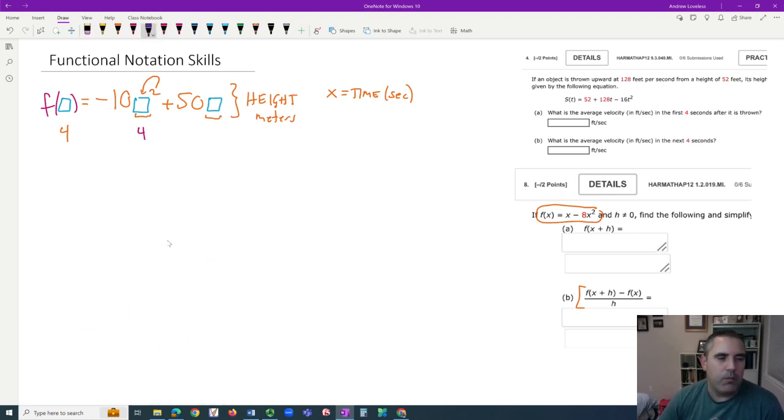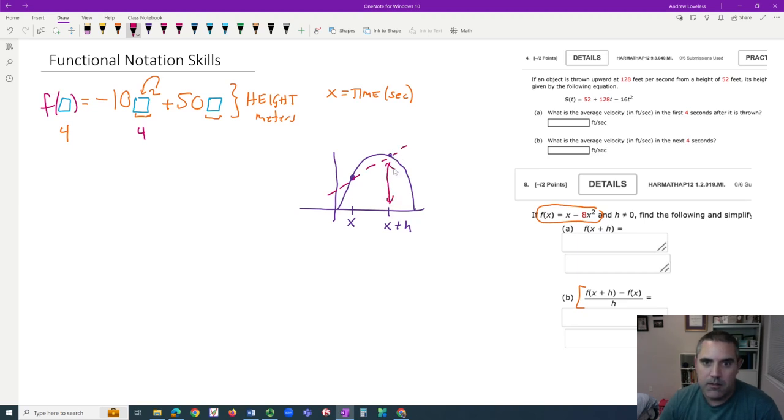Okay. So if I wanted to study slopes on this thing, typically how we use this most commonly is we have this parabola. We're going to label this x. We're going to label this x plus h. I know this is more of a discussion for class, but I'm just going to say a couple things here. The height of this is f of x plus h.